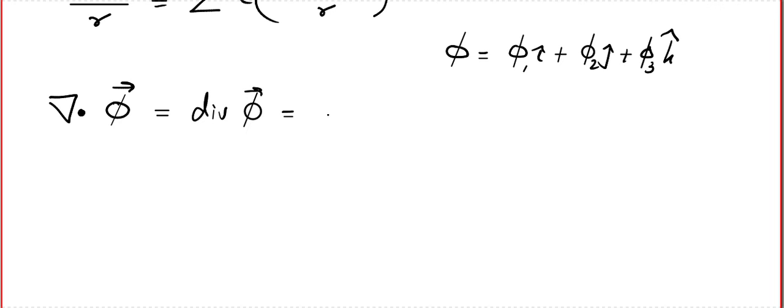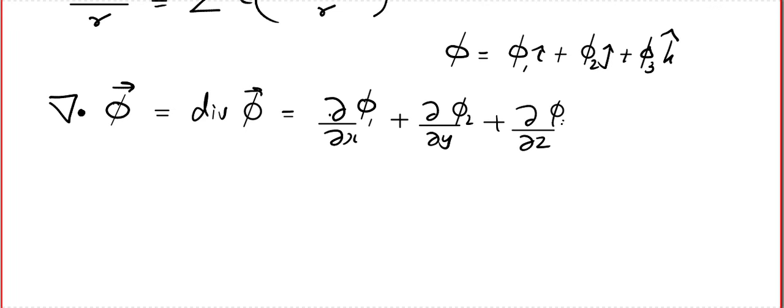Then the divergence is given by, it's a scalar, there will be no ijk, dou by dou x of phi1 plus dou by dou y of phi2 plus dou by dou z of phi3. Or in sigma version, it will be dou by dou x of phi1.